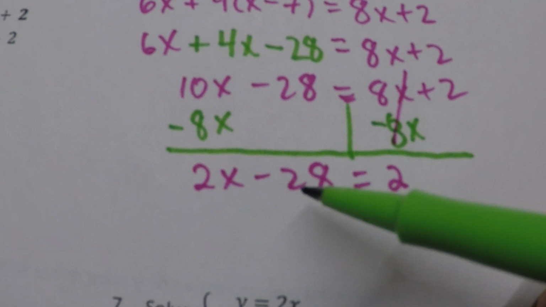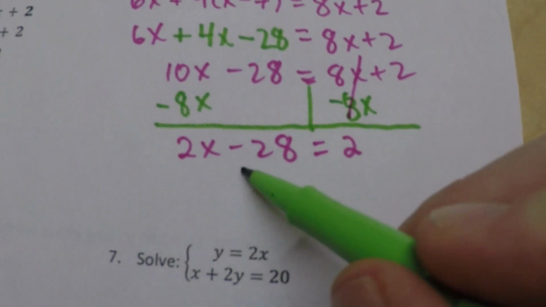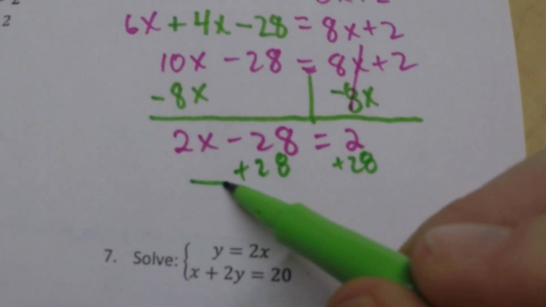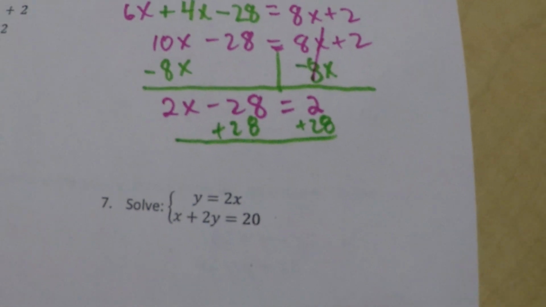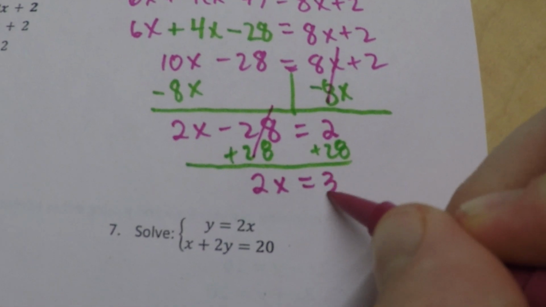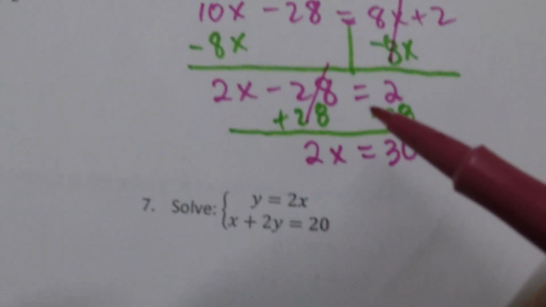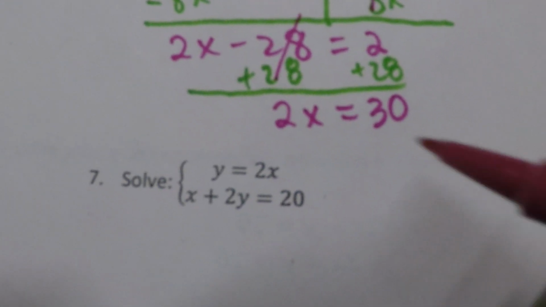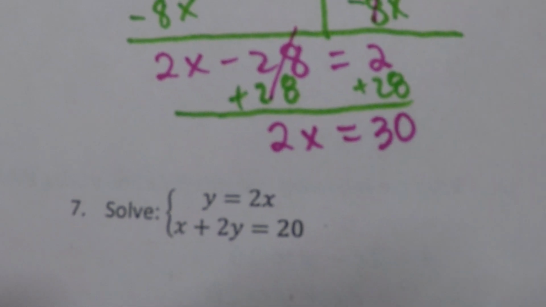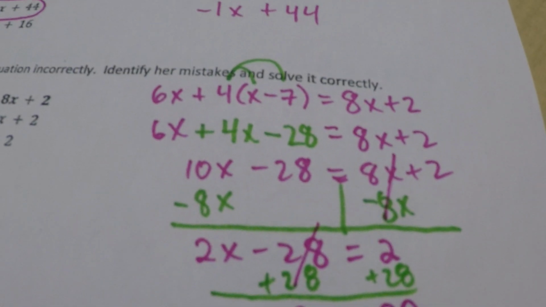2x minus 28. I have to undo the last thing I said. So plus 28, plus 28. These cancel. I get 2x equals 30. 2 times what number is 30? The number is 15. I could divide both sides by 2. That would get me there as well.